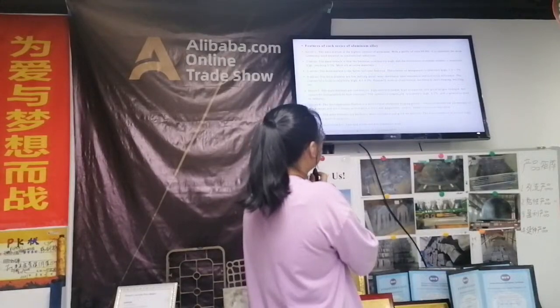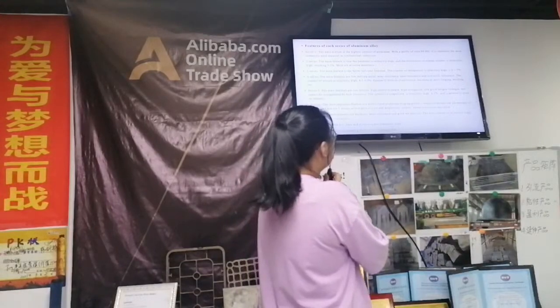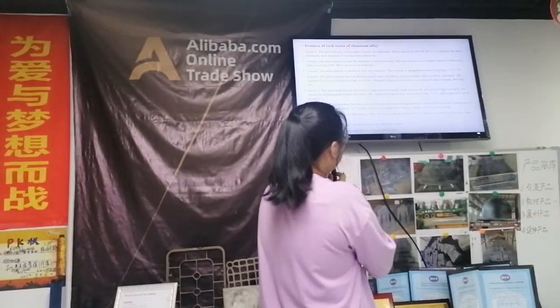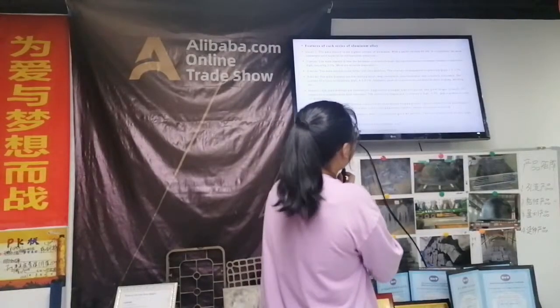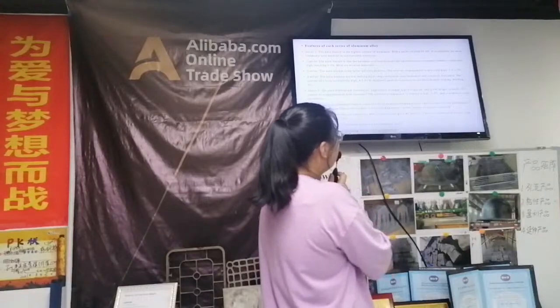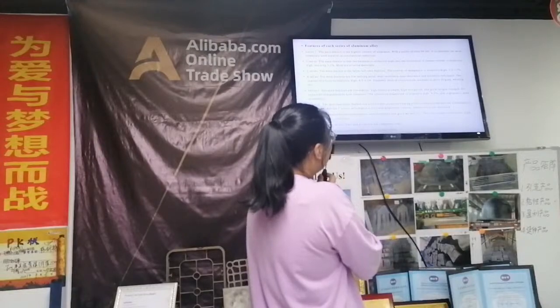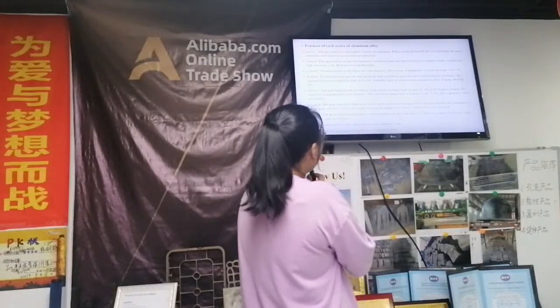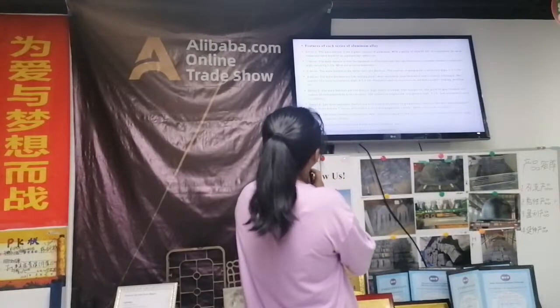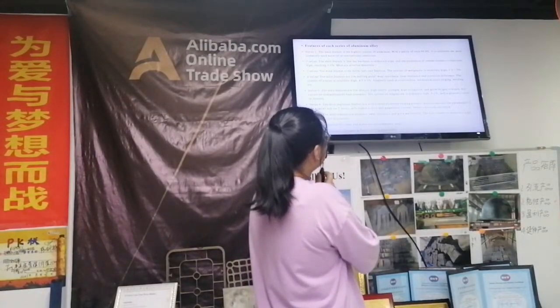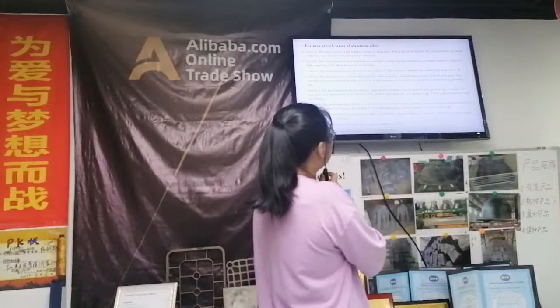Two series: the main feature is that the hardness is relatively high and the proportion of copper content is relatively high, 3 to 5%.